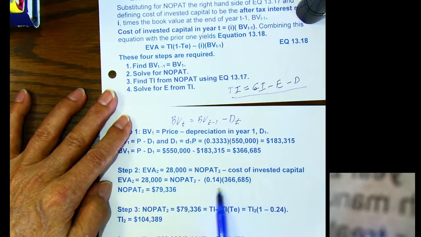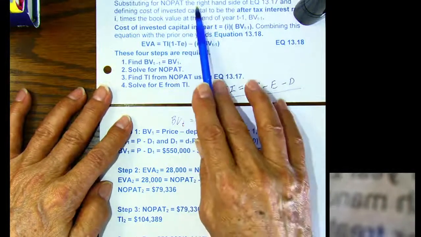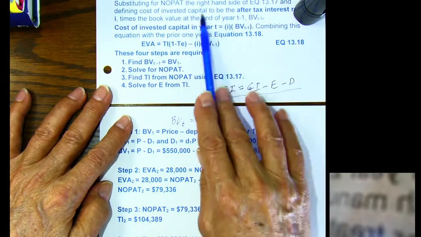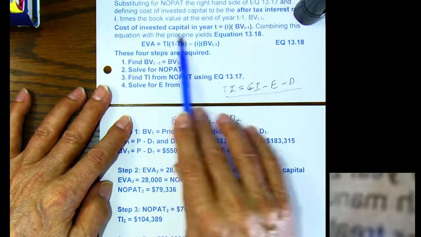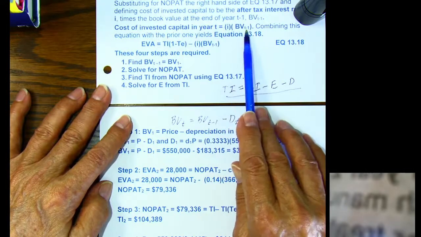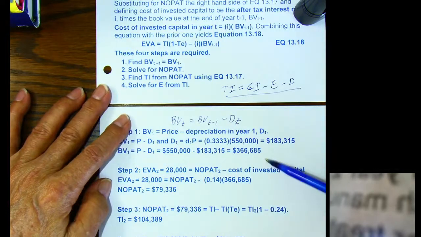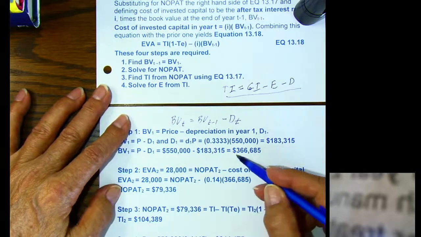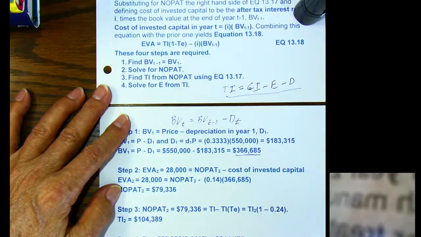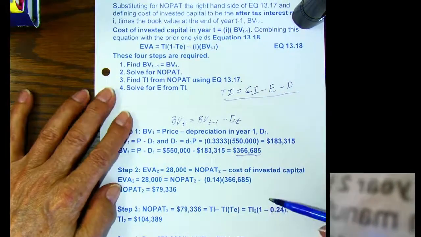Cost of invested capital is given by I times BV sub t minus 1. So we just solve for BV t minus 1 to get this number, and we multiply that times the cost of invested capital, which we were given originally as 14%.